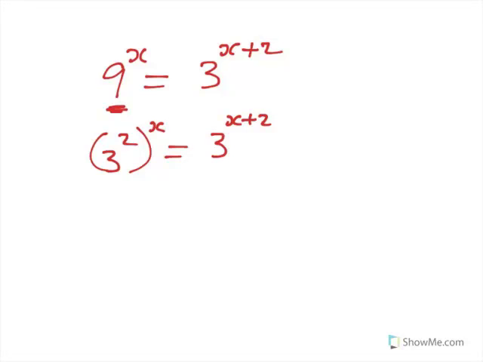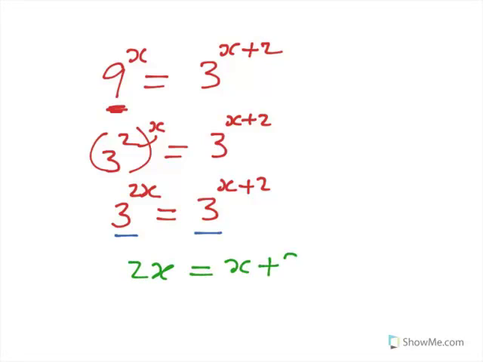The left hand side, multiply the powers, you get 3 to the power of 2x equals 3 to the power of x plus 2. And if the base is the same, it means the powers would be equal, so 2x equals x plus 2. Subtract x from both sides, you get x equals 2, which is the answer.